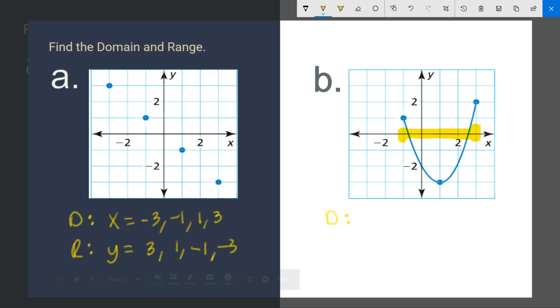Okay, so we're talking about x values with domain. The smallest x value is equal to -1, so all of the x values are greater than or equal to -1 up until x is less than or equal to 3 right there. Okay, that's all the domain.